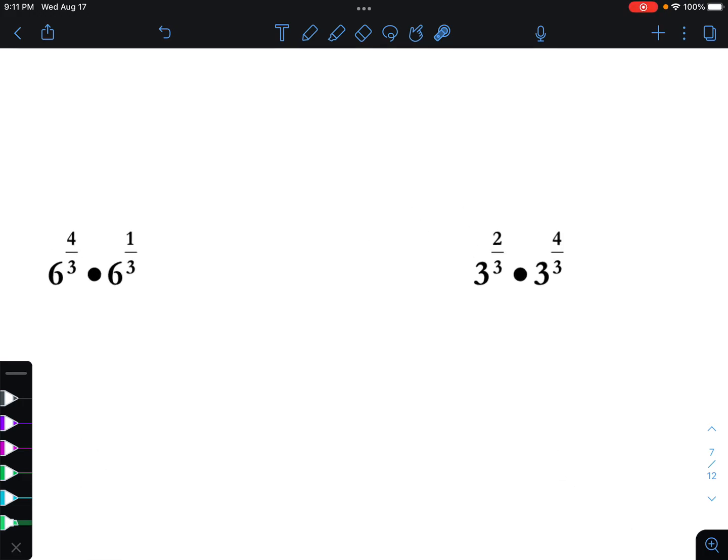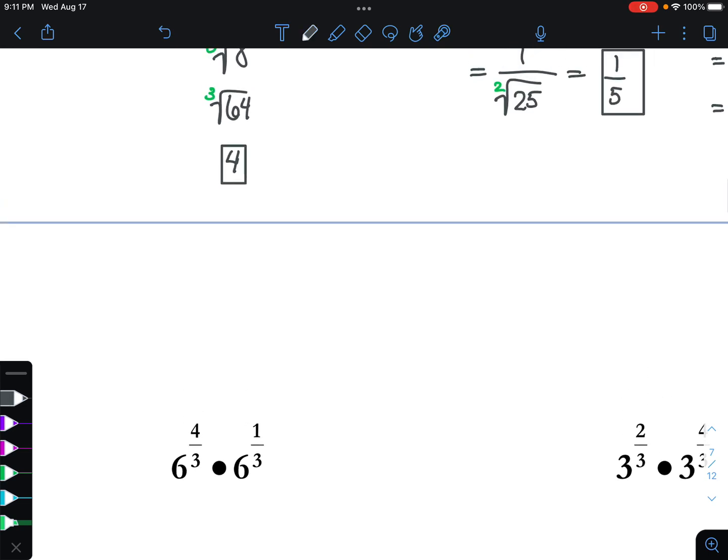So for example, to refresh your memory, if we had x to the fourth times x to the first, we would get our answer by adding the exponents. So it would be x to the fifth, right? Now that's the same if our base is x, or if our base is, let's say, 6. If we had 6 to the fourth times 6 to the first, we could say our answer would be 6 to the fifth, right? Again, if we add those exponents, we get our new exponent.